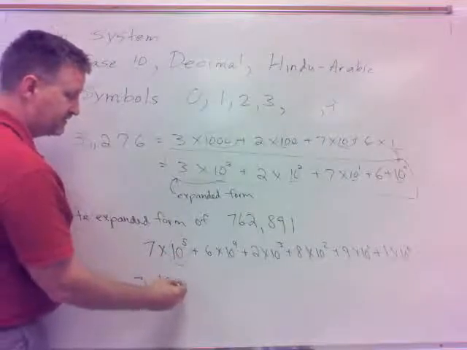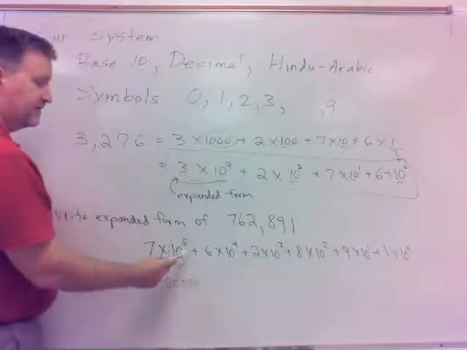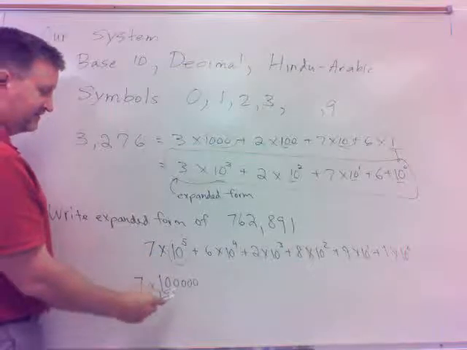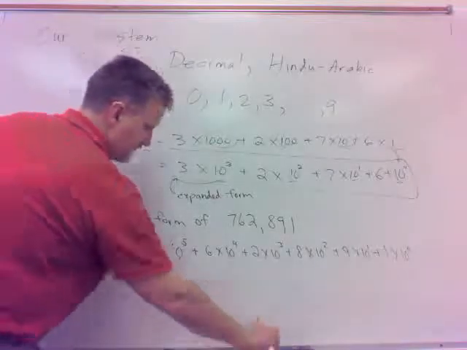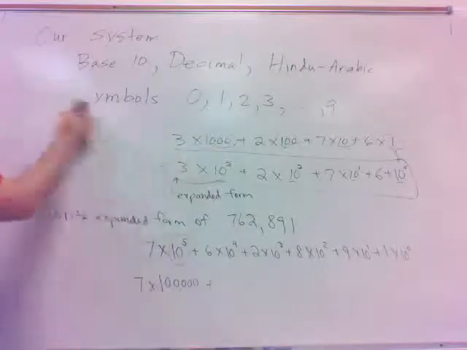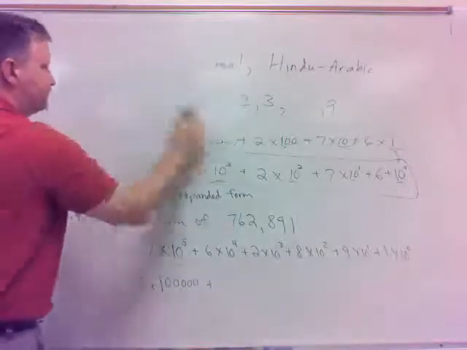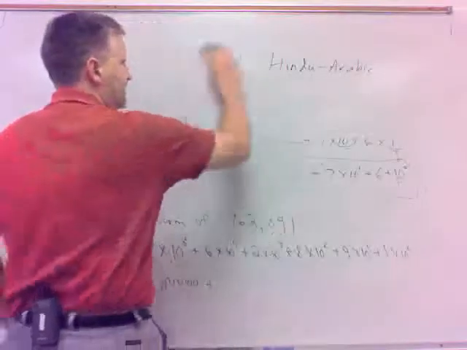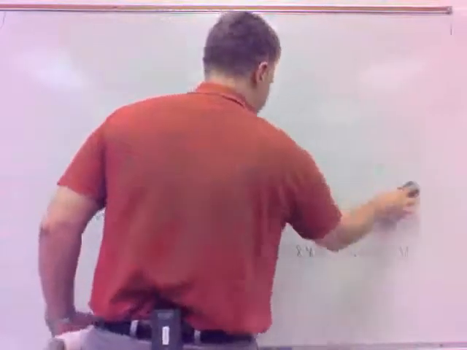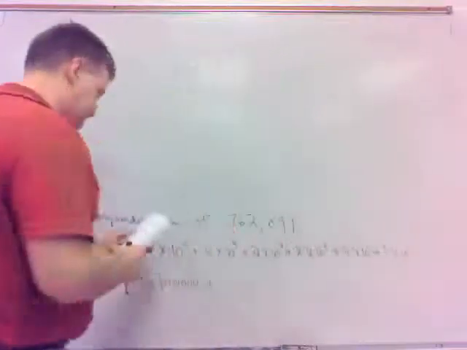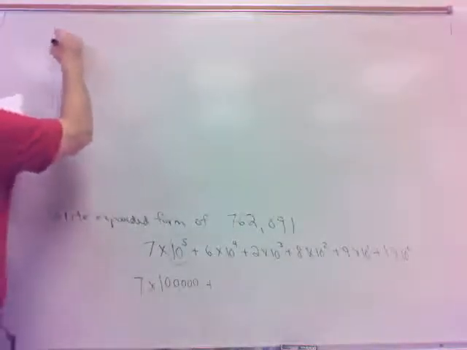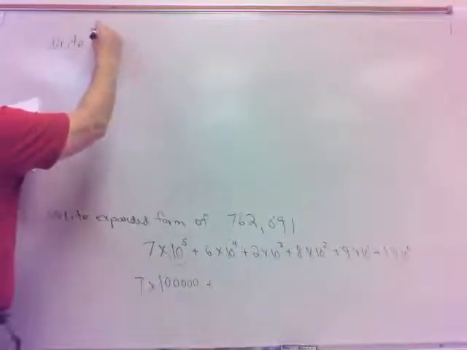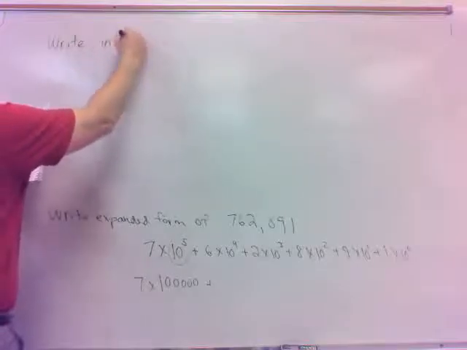If it's a power of 10, the power is the number of zeros there are. So that's 100,000. I bring that up because the other thing they'll have us do is take the expanded form and simplify it. I think they say write in decimal form, which is basically simplify it.